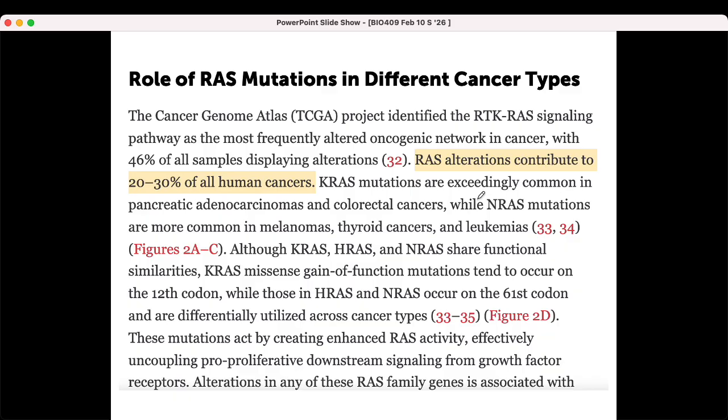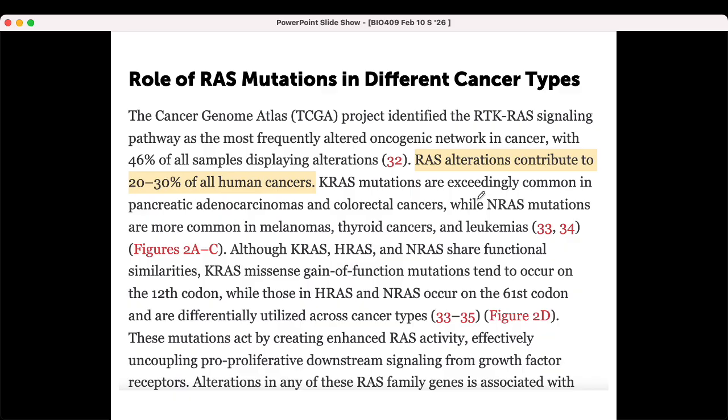So I'll just speculate that, even though a third of all human cancers are in RAS, probably none of them are breast cancer. They're different kinds of cancer. And so this just drills into this a little bit. They're the three different RASes, and there are prominent mutations in the coding region, in the active site, in those three, but they tend to be different kinds of cancer.